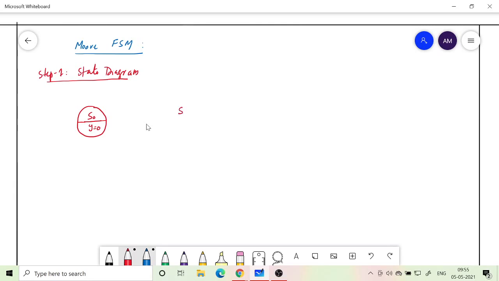As long as I am getting only 0, I have not made any progress yet to detect the first bit. So I will just write x equal to 0. I will not write y, because y is tied to the state.